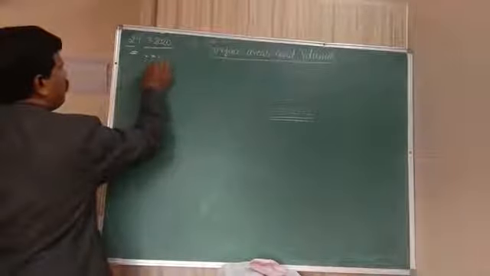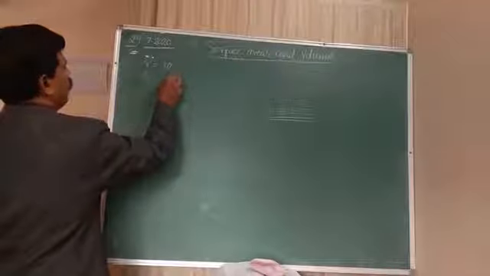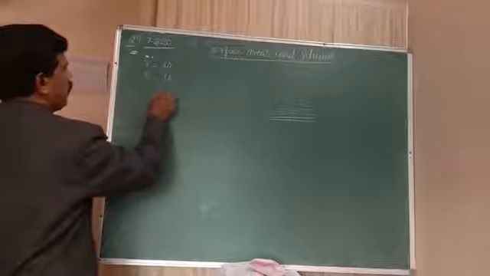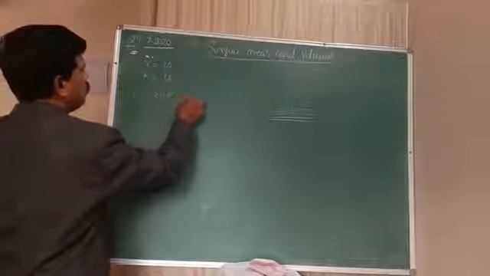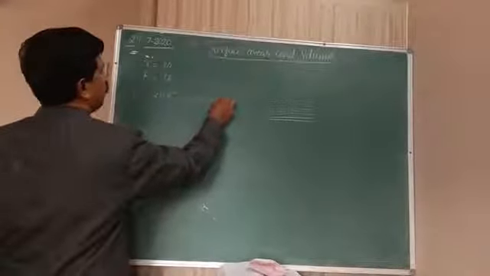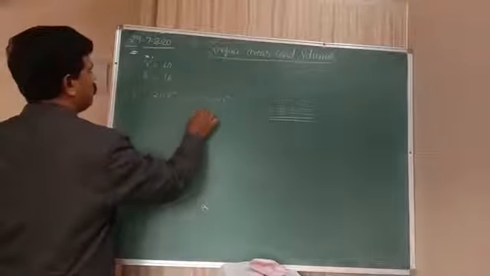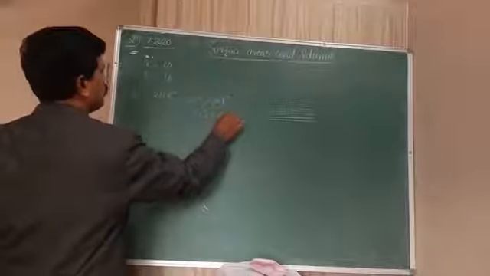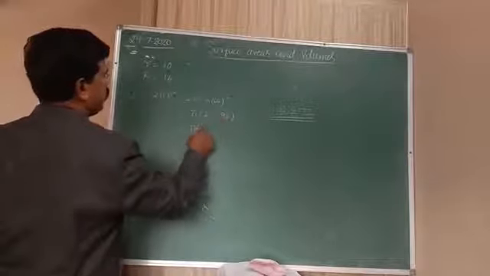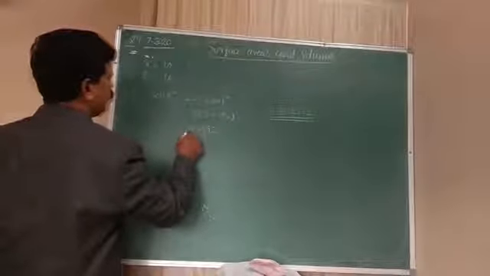Now capital R is 14 and small r is 10. First, the area is 2 pi r square. That is 2 into pi, keep pi as it is, into r square, which is 14 square. That is 2 pi into 196, that is pi into 392.